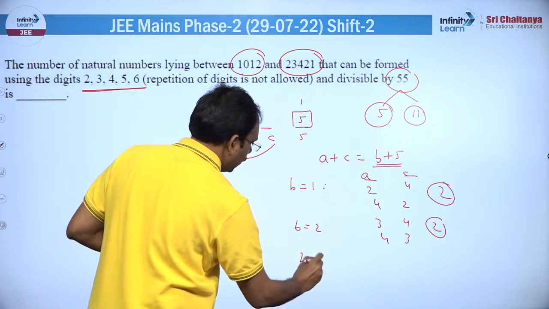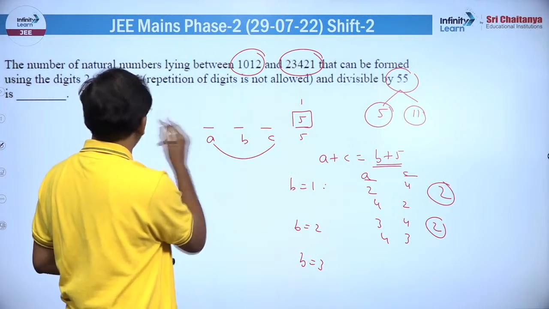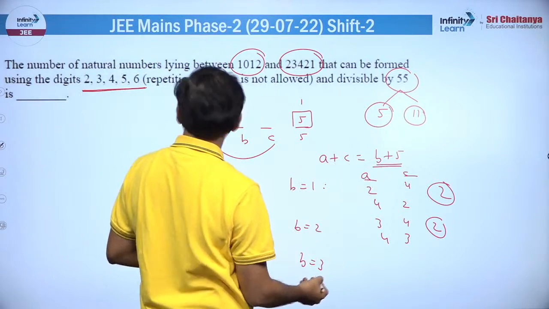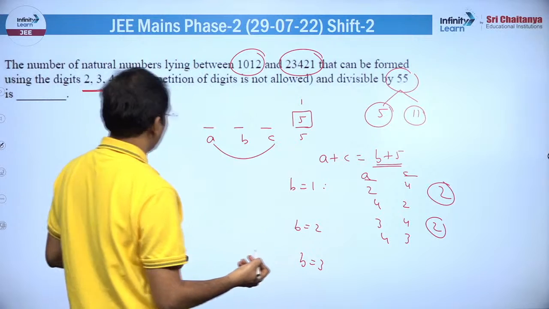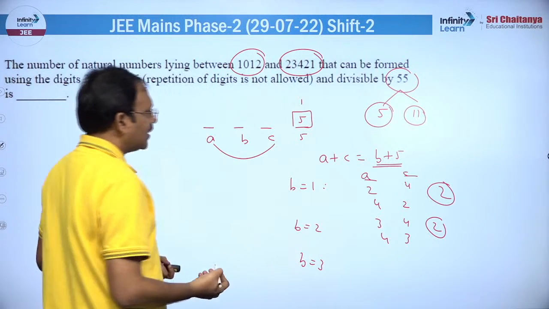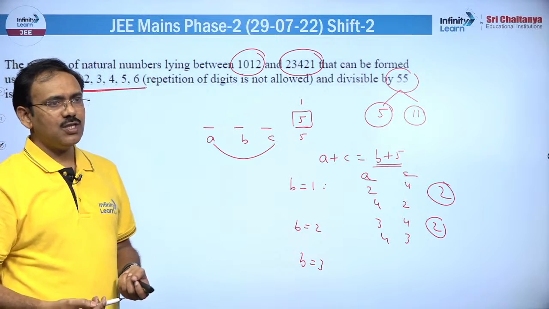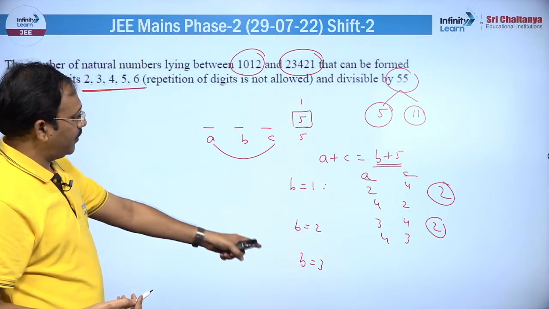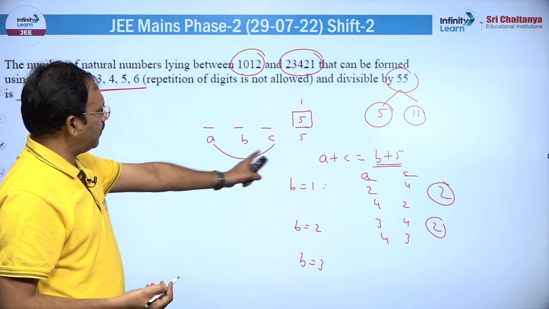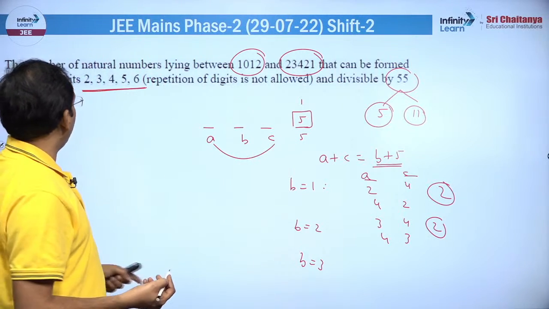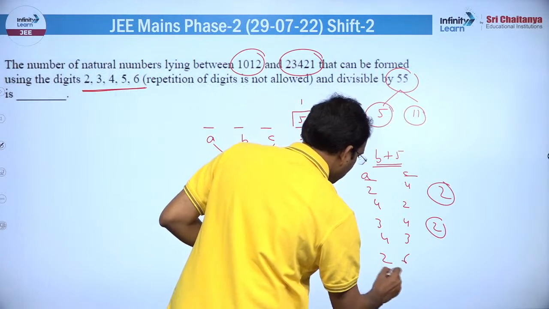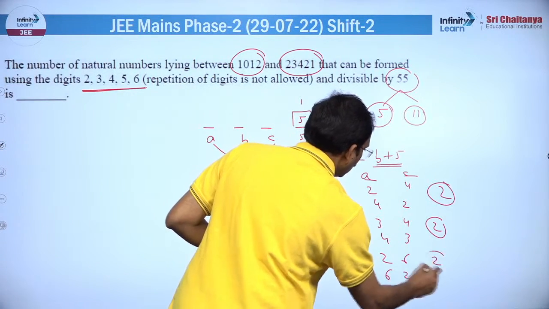If B is equal to 3, my dear friends, if you put 3 plus 5 is 8, 8 in the sense digits cannot be repeated. So, you can just see B is equal to 3, 3 plus 5 is 8, A plus C 8 means 2 6 combination is possible, right. 2 6, 6 2 are possible, 2 more possible.